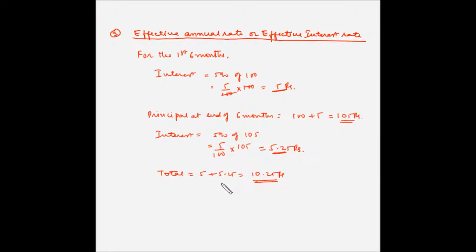However, if interest were compounded annually, you would have received interest equal to 10% of 100, which is equal to 10 divided by 100 into 100 equals 10 rupees. This is when compounded annually.